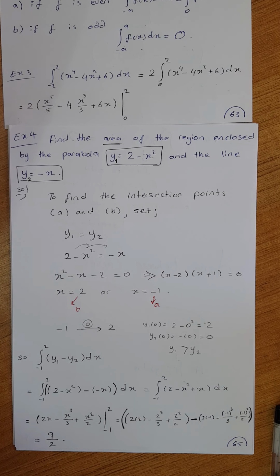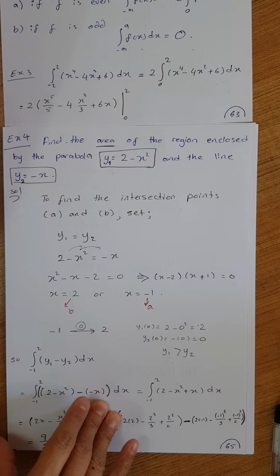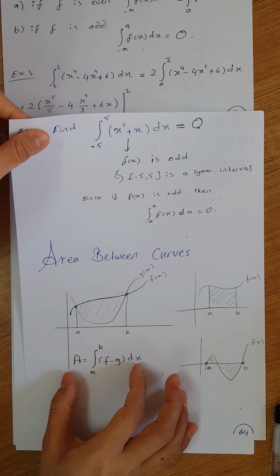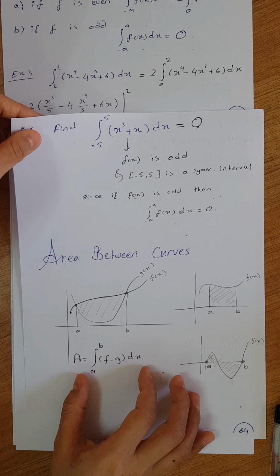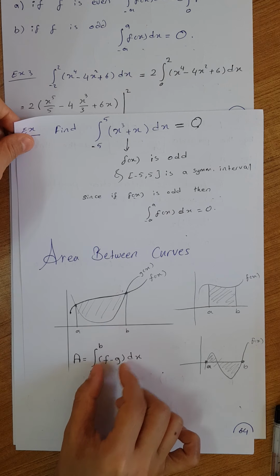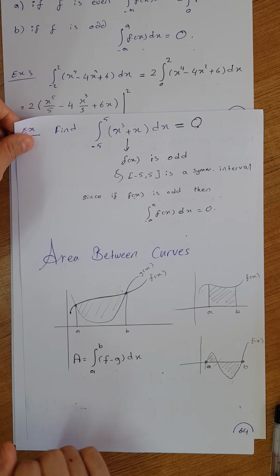So what have we done? What do we need, and what have we done for finding the area that's enclosed between two functions? We are using integration. When we are using integration, we need to know two things. We need to find A and B, and we have to see which function is greater than the other.